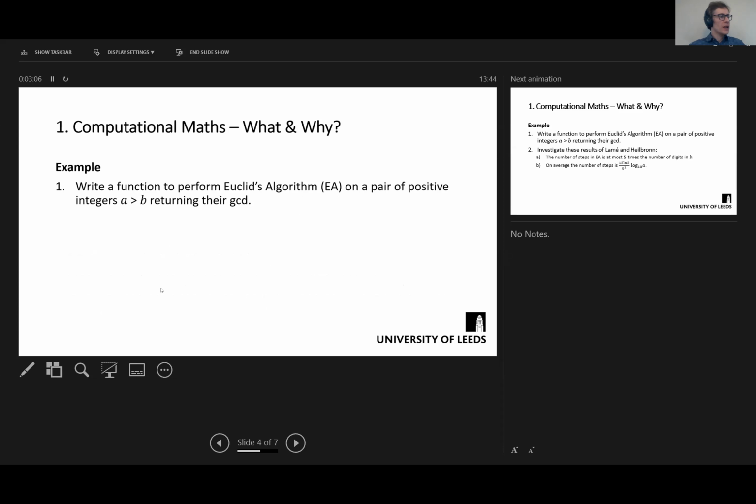So to flesh out some of those ideas that Rob was mentioning, we've got a couple of examples that feature probably about a quarter to a third of the way through the module, I think. So illustrating both the conventional programming approach in the case of this question. So here's a question which says, here's a familiar piece of mathematics, Euclid's algorithm, write some code to enact that, as it were.